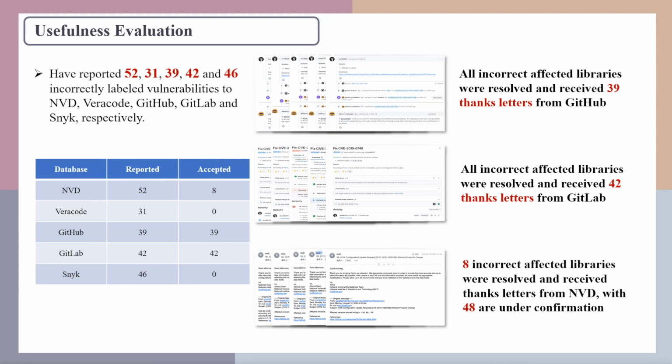Besides, Vision has reported a lot of incorrectly labeled vulnerabilities to the 5 vulnerability databases and received many thank-you letters from GitHub, GitLab, and NVIDIA. Others are in progress, which shows the usefulness of Vision.